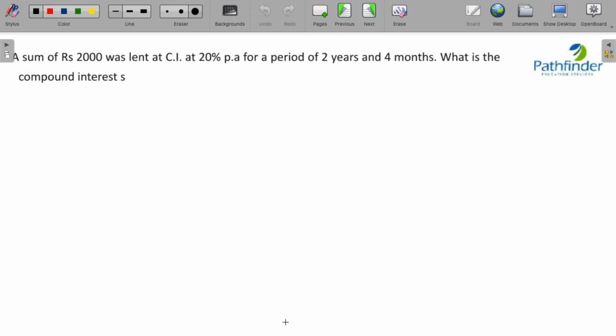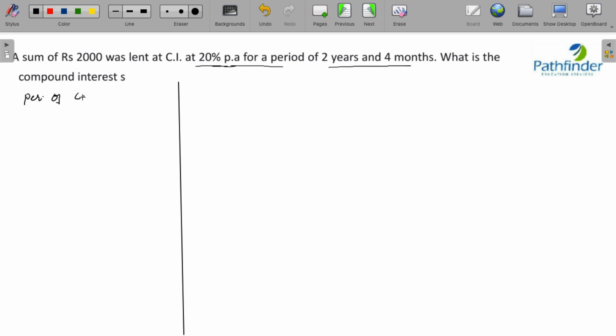Let us look at another question. A sum of 2,000 was lent at CI at 20% per annum for a period of 2 years and 4 months. What is the compound interest? Now there are two things here. Number one, the period of compounding is not mentioned.